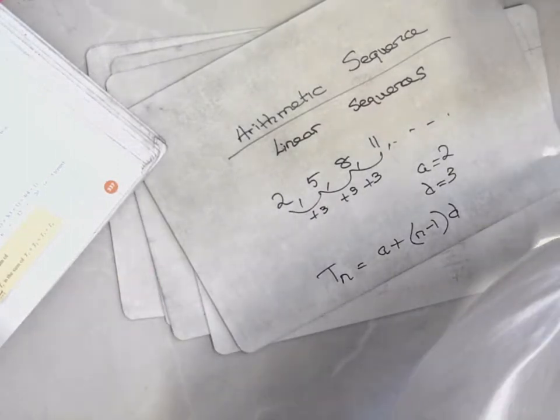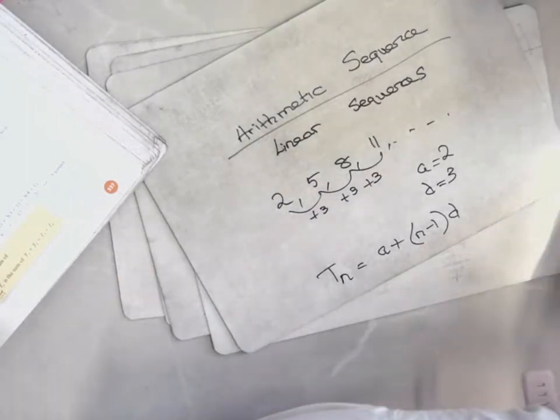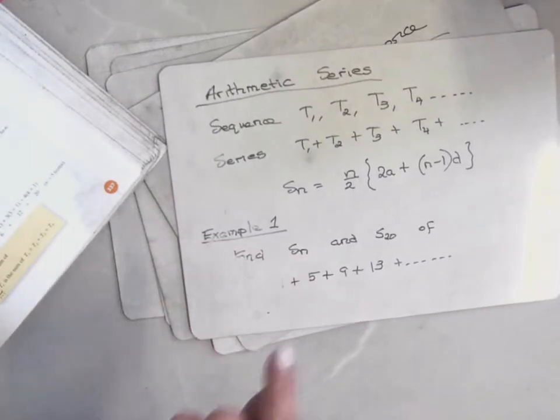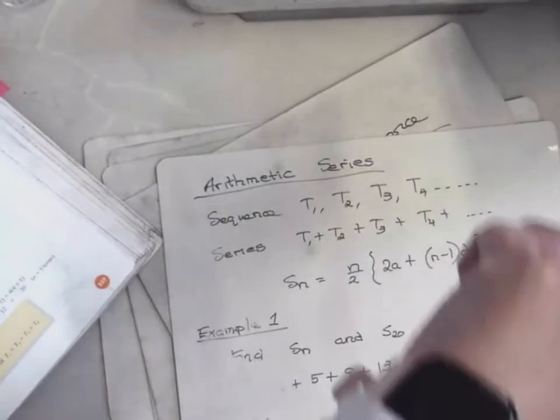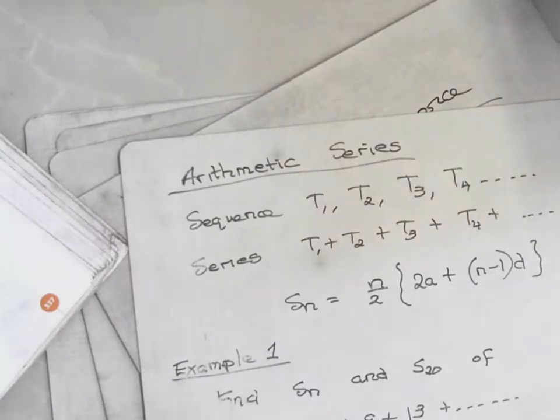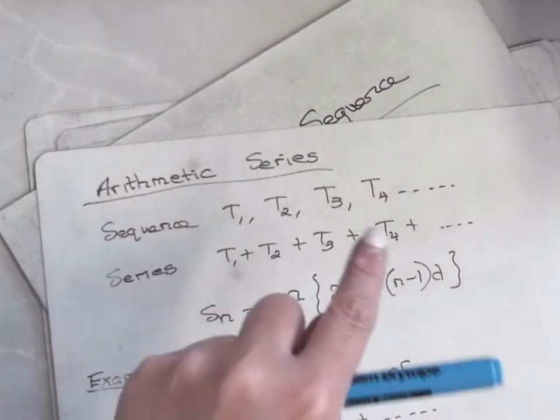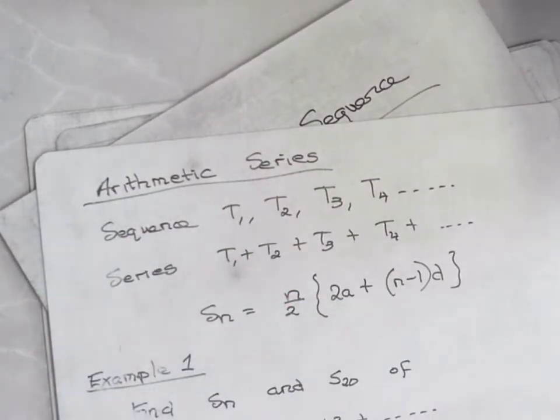So today I'm going to talk about an arithmetic series. An arithmetic series, girls, is when you add all the terms. So same as before, we still have term 1, term 2, term 3, term 4, and we're adding on a constant every time, except this time instead of having a comma between them, we have a plus, and we don't call them terms anymore, we call them S. S stands for sum.